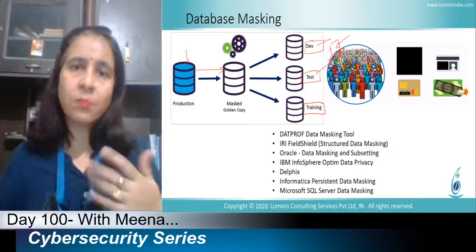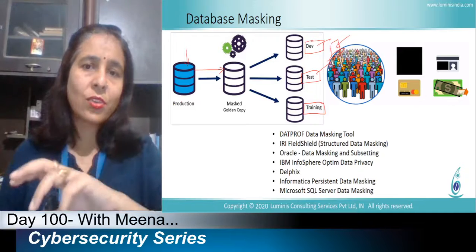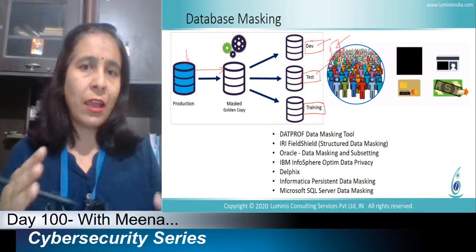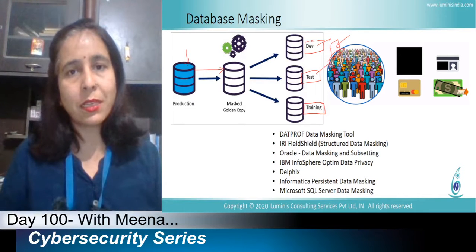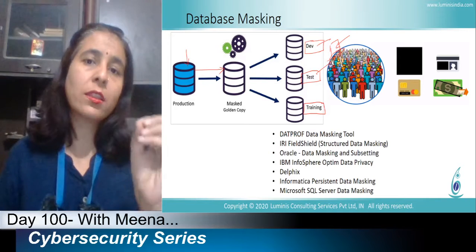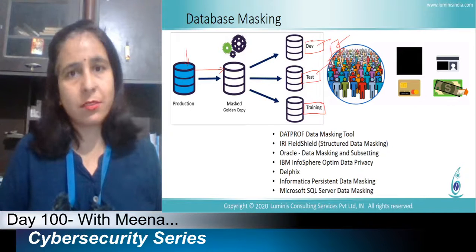Sometimes there are methods where the data they are sending can also be replaced with dummy data. So for a person who is not required to access the complete data, they fill that field with dummy data, and it is useless for the hackers.